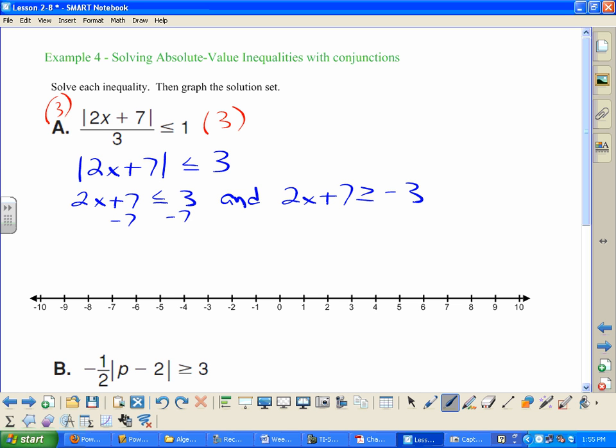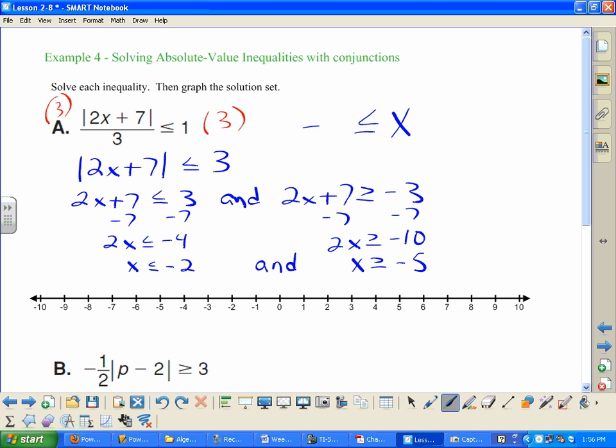So we subtract 7. When I write my answer for this one, before I graph it, I'm going to write it as a single compound inequality, which means I'm going to put x is greater than or equal to negative 5 and less than or equal to negative 2.